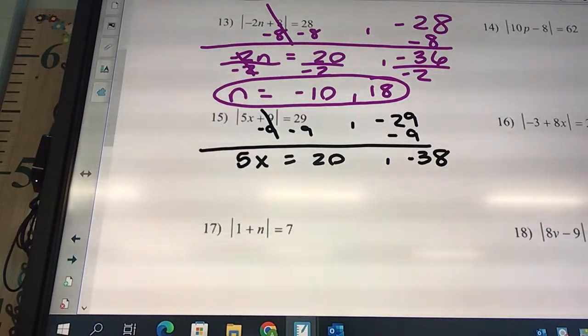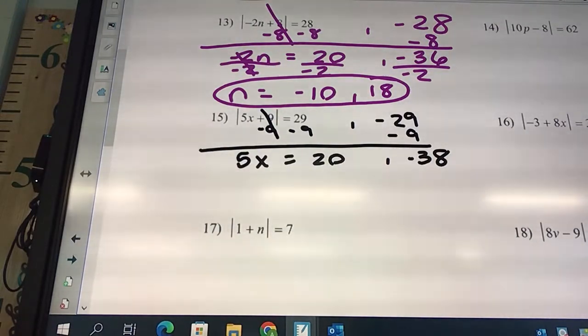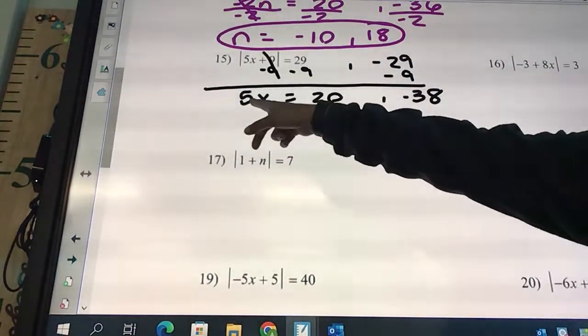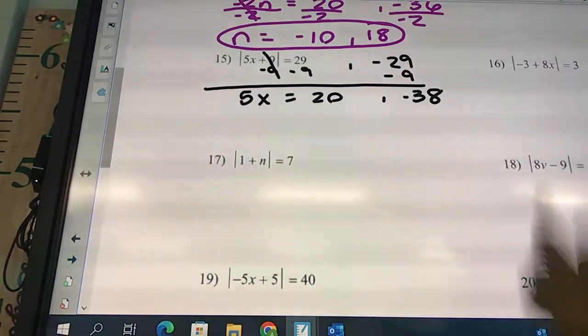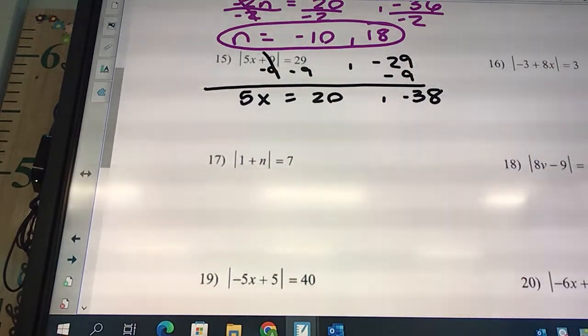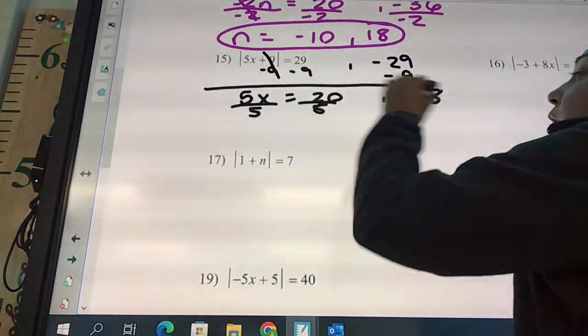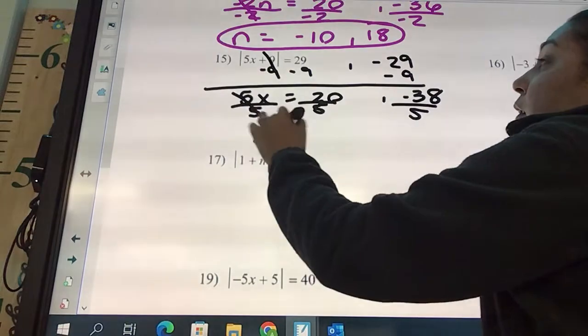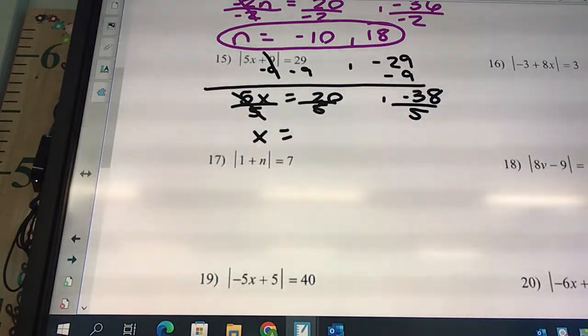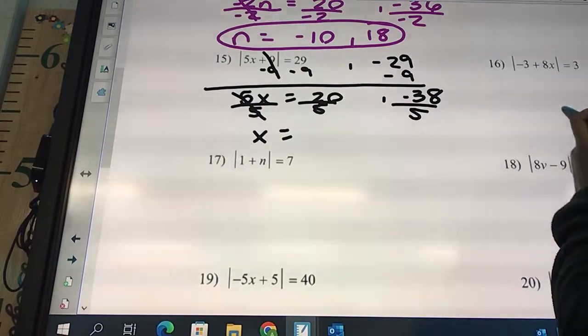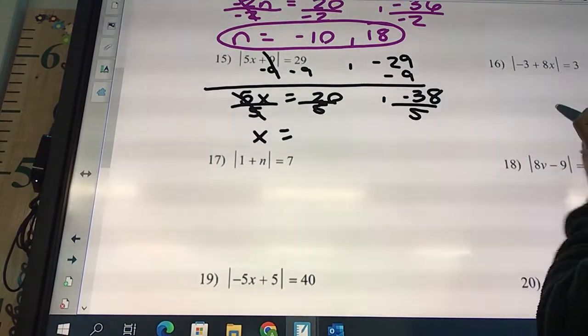Okay, now what? 5x. Now what? Divide by 5. 20 divided by 5. It's just 4.